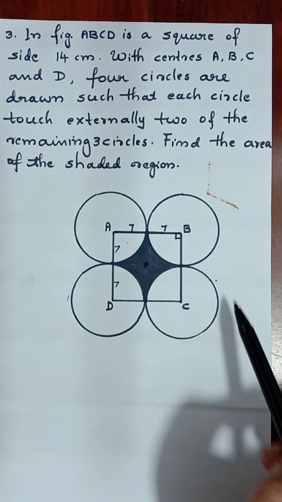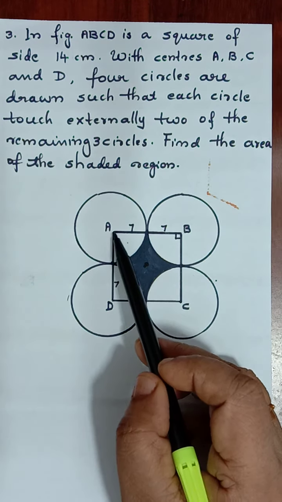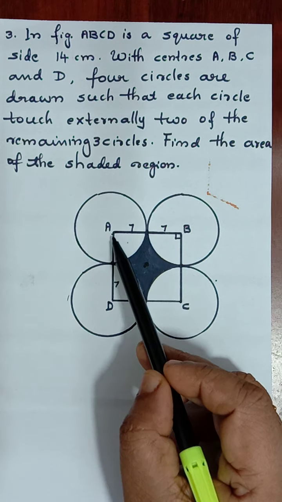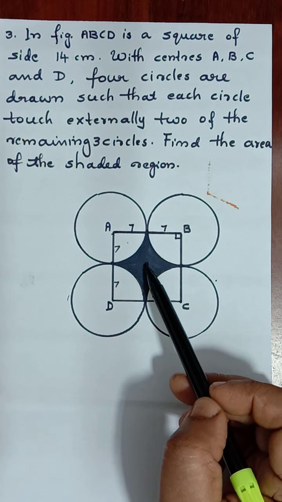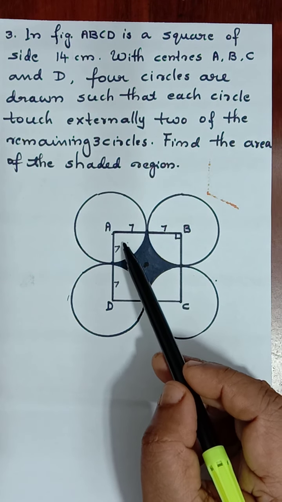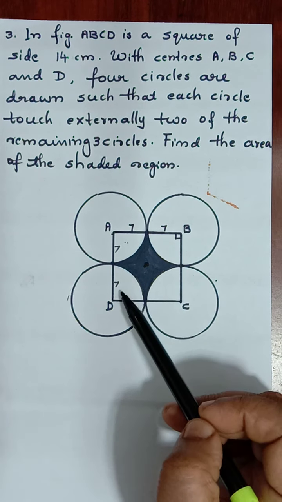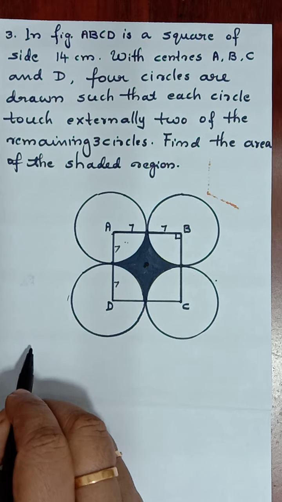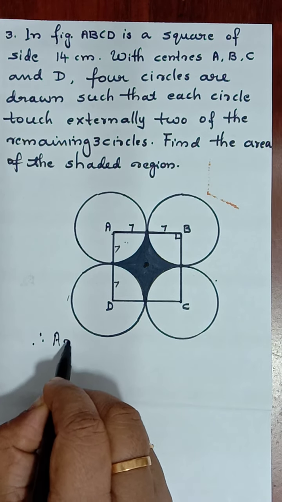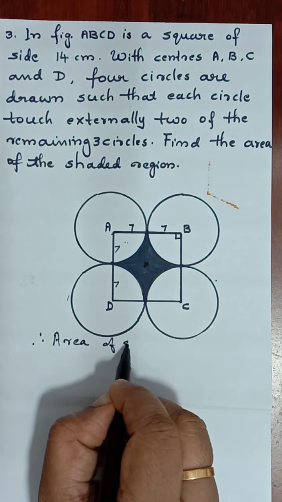No need of taking the complete one. Okay, here the square is having many parts. 4 quarters are there and also the shaded portion. So we have to subtract these quarters from the square.